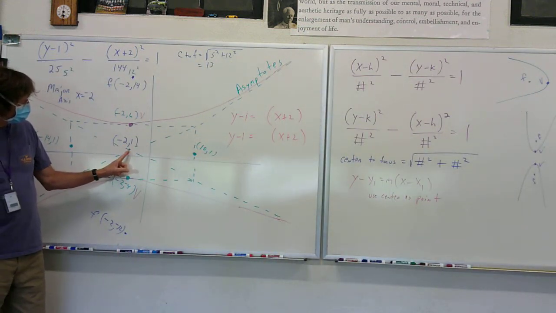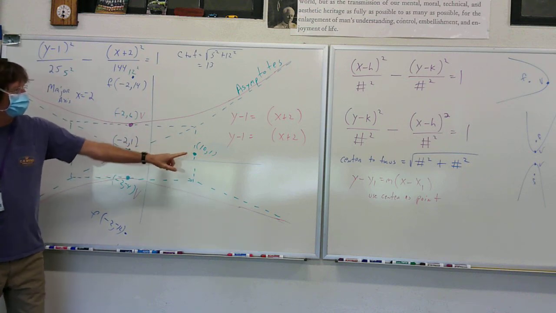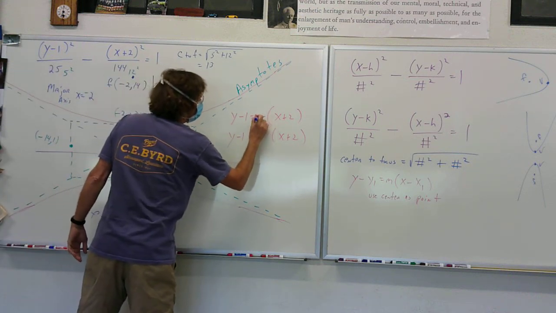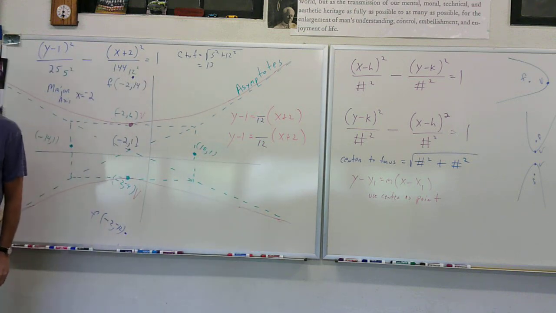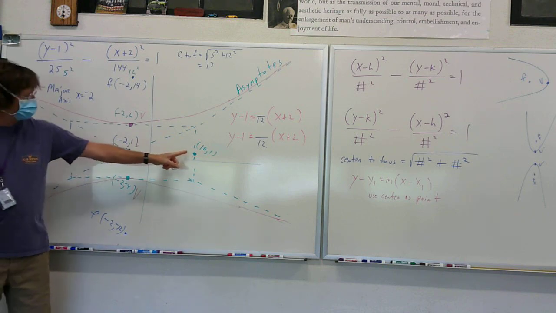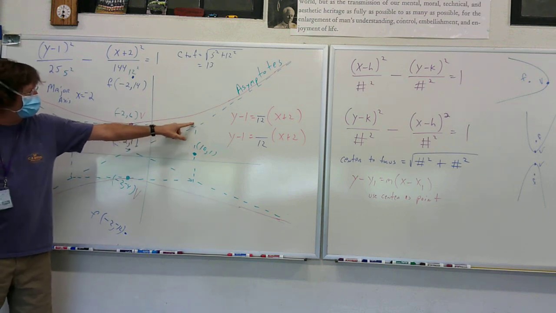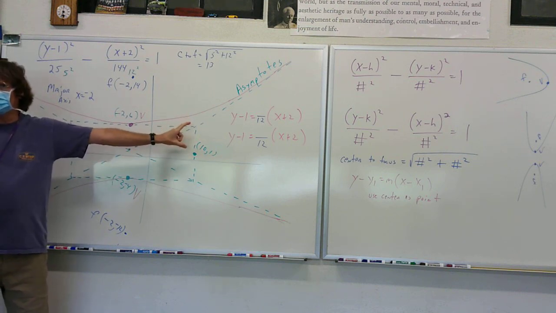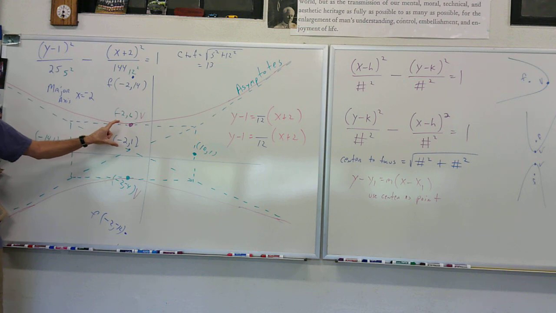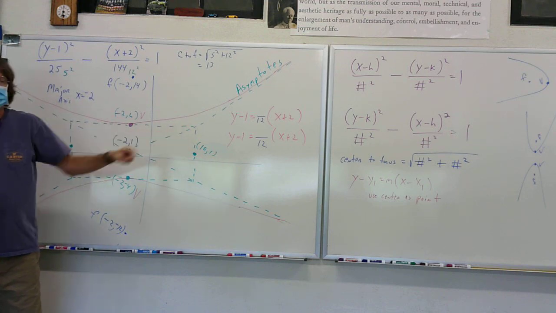Now, the reason I like that is look right here. How far did you count from here over to here? 12. It's that easy. Count from your center over to here, you counted how far? 12. Then how much did you count up right here? Counted up 5. Does everybody know why you counted up 5 there? Because you also counted up 5 there.